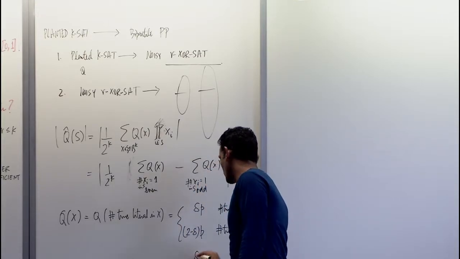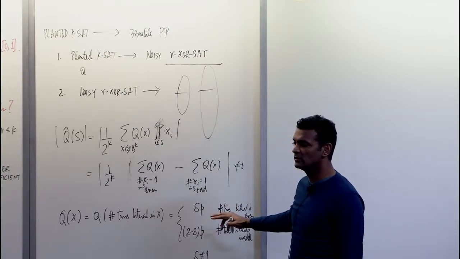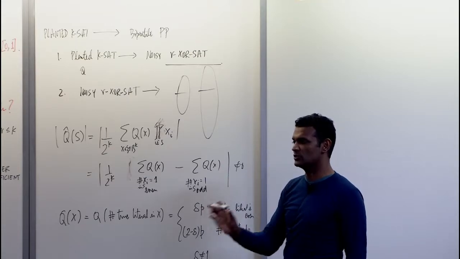And delta is not equal to 1. So there is a bias towards one parity or the other. And the predicate is just XOR.